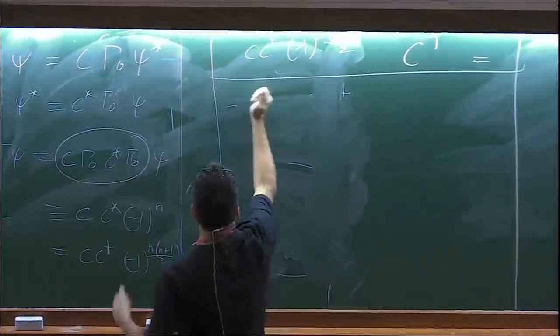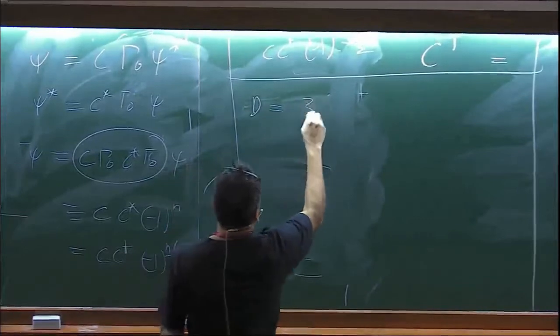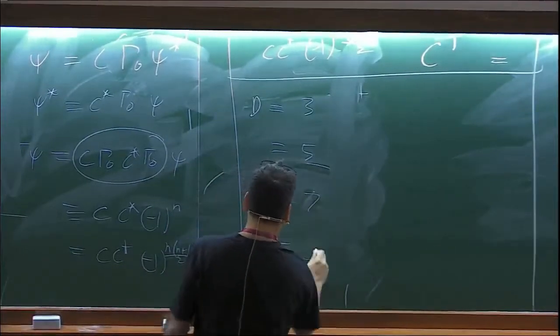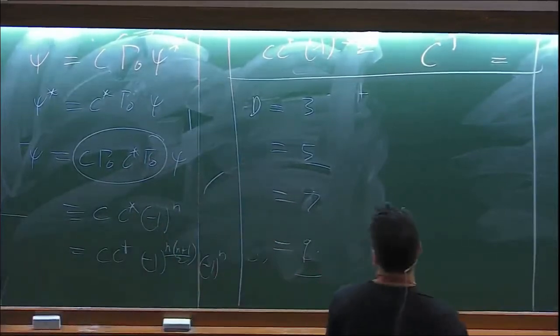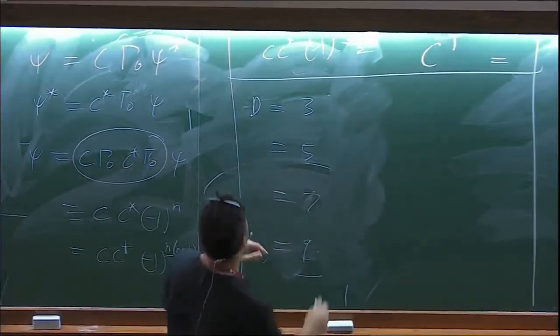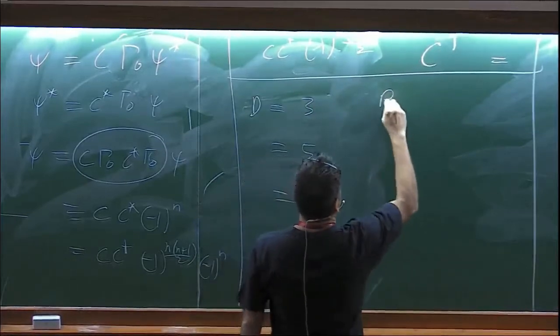So let's work first in odd dimensions. So D is equal to, let's say, 3, 5, 7, 9. Okay. Now we have to do complicated algebra. So here n is equal to 1, so that gives 0, so real.